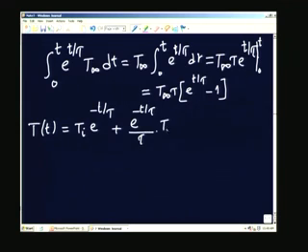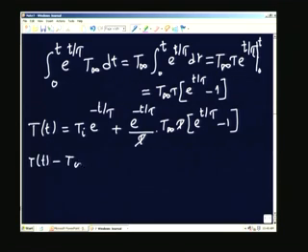That integral is now T infinity tau into e to the power of t by tau minus 1. This tau will cancel off with this tau, and therefore, you see this e to the power of minus t by tau multiplied by e to the power of t by tau is going to give 1. So, it is plus T infinity here.